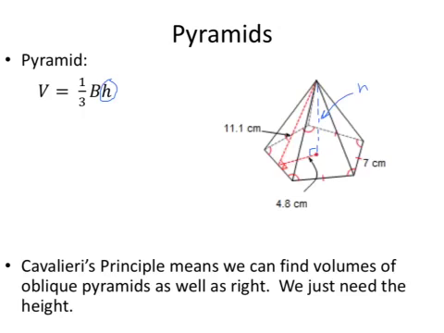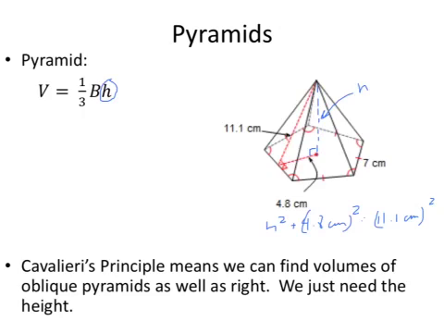So we need to determine our height. So my height squared plus 4.8 centimeters squared should equal my slant height of 11.1 centimeters, and all that squared.